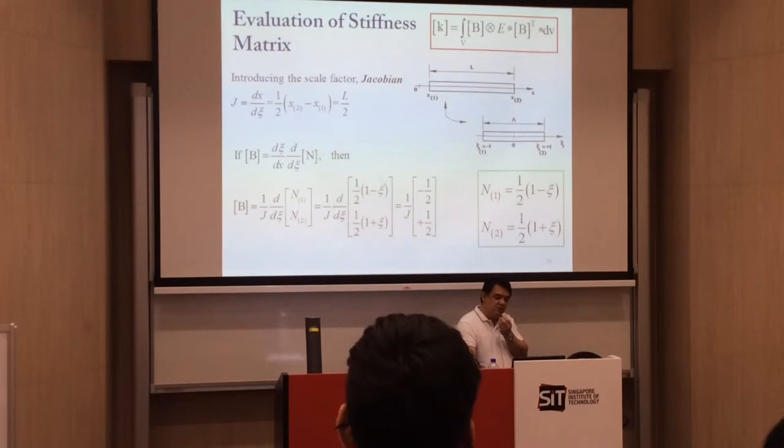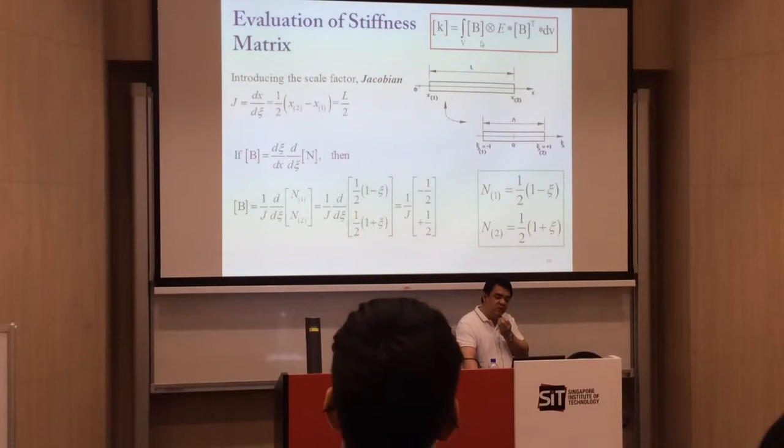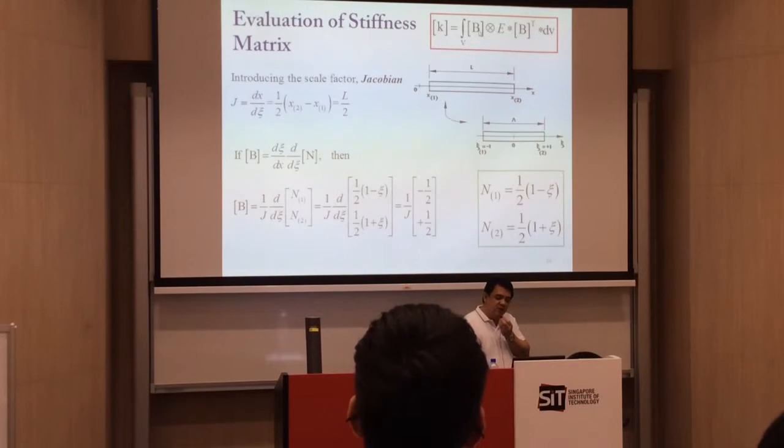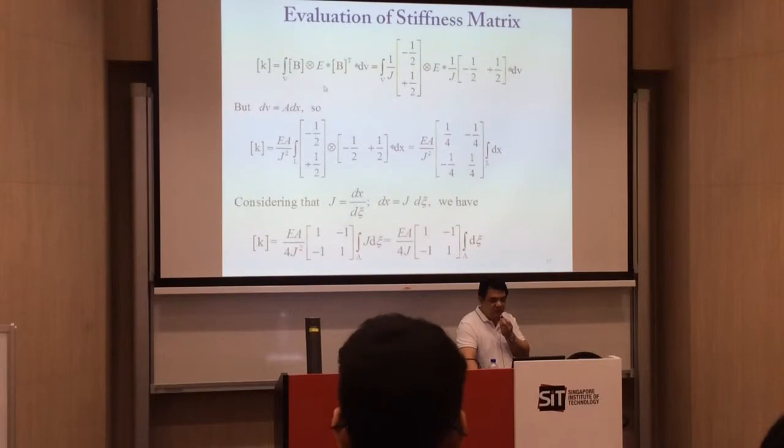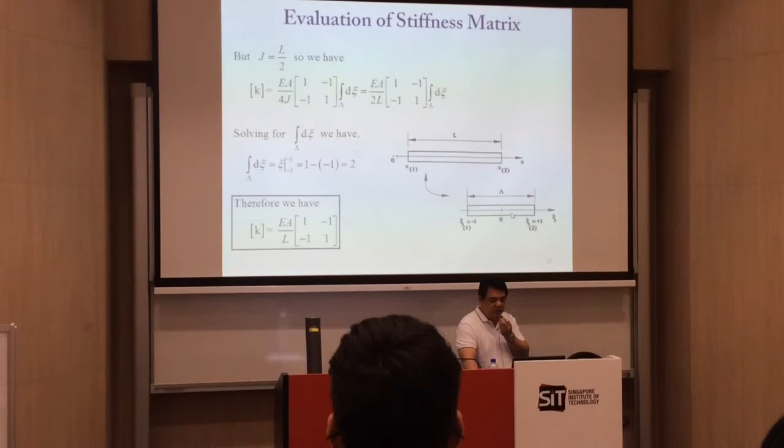Put it in this equation, but because your strain displacement now is a function of ξ, you need to have a Jacobian scale factor. So after that, once you have your shape functions here, you can simply substitute the values, perform integration, and then you can get this value there.